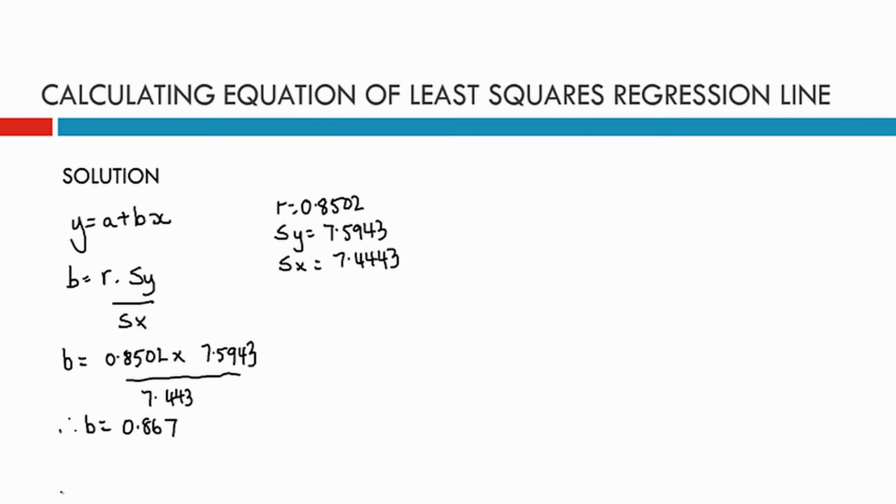Fantastic. But our formula, we not only need our b, we need our a. So let's go and find our a. And the rule for the a is the mean of y minus b, mean of x.